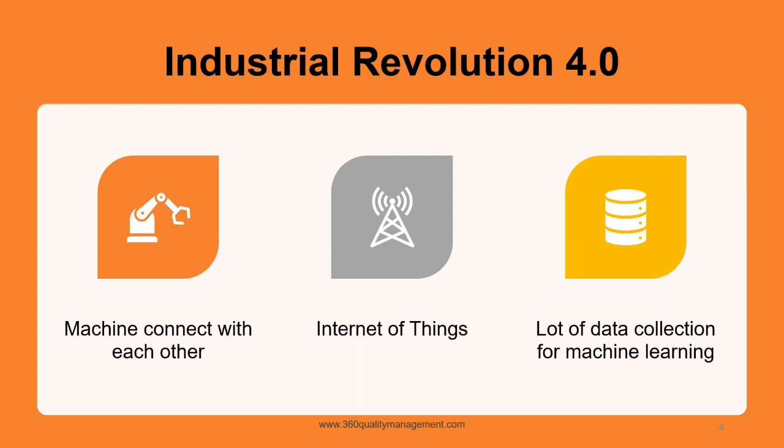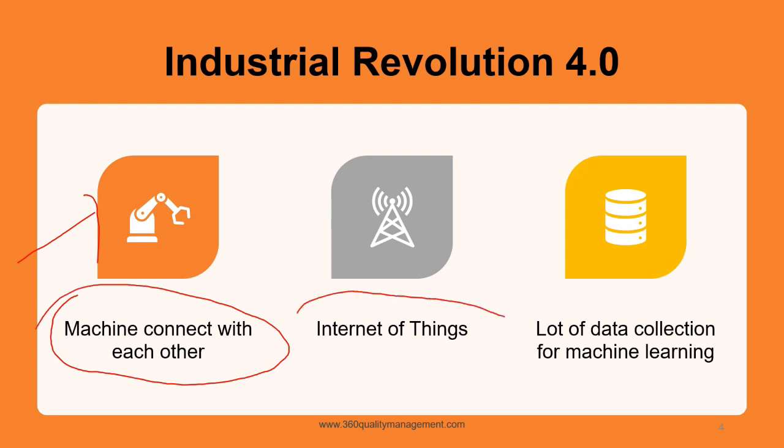In Industrial Revolution 4.0, we talk about automation with machines connected to each other, where they can talk to each other. That means they are linked with each other, and it's the Internet of Things. That means you can really control everything at your fingertips.